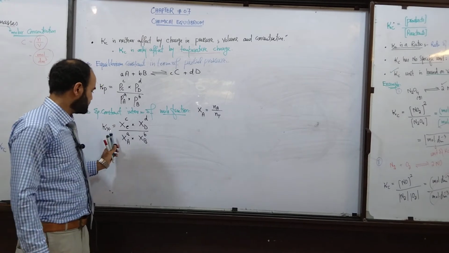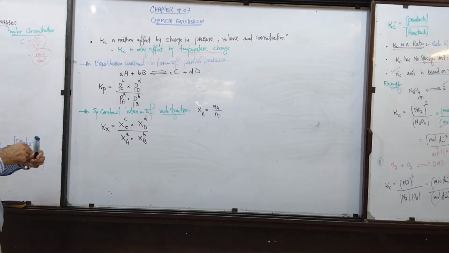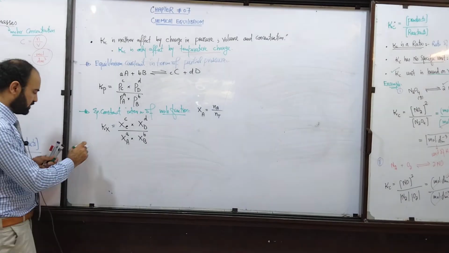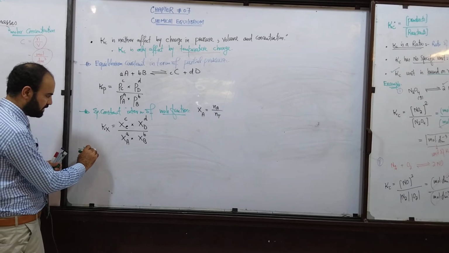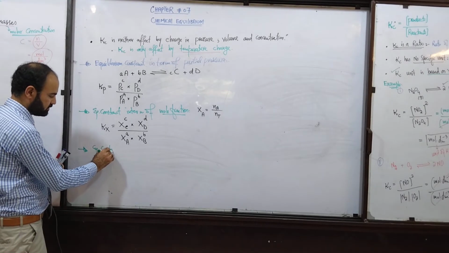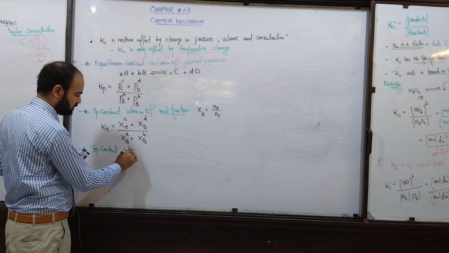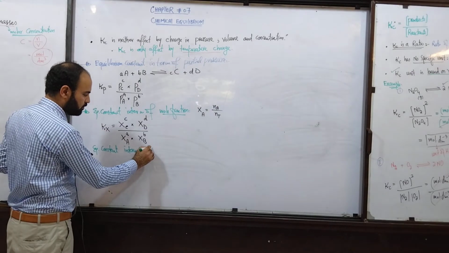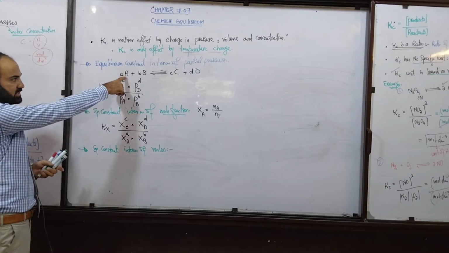Okay, so this is the equilibrium constant in terms of mole fraction. The last one is the equilibrium constant in terms of moles, the number of moles. How will we express that for this process?